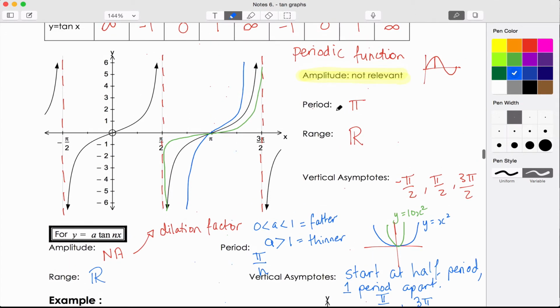If our period is pi for this one, our first vertical asymptote is at half a period, which is pi over 2. And then it will repeat again a whole period on from the first asymptote.